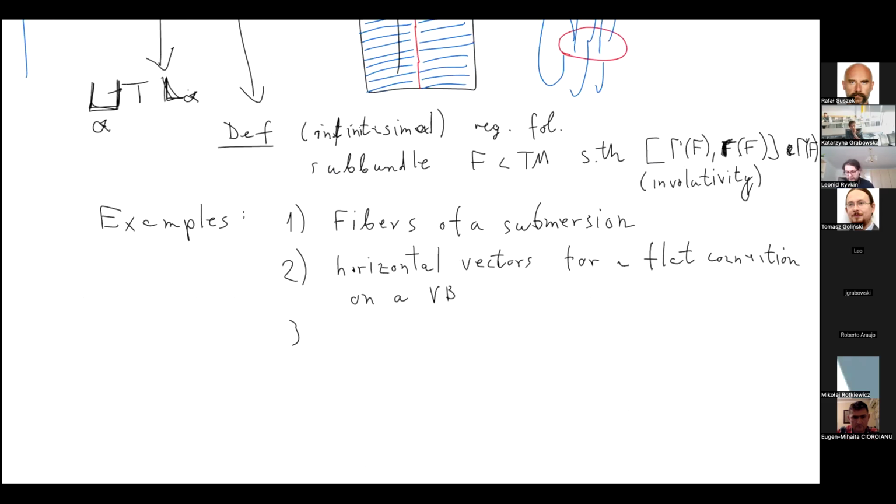And a third class of examples is, for example, the orbits of a constant rank connected Lie group action.